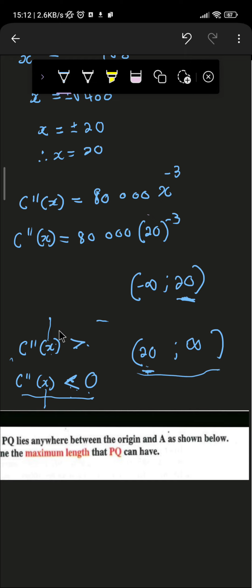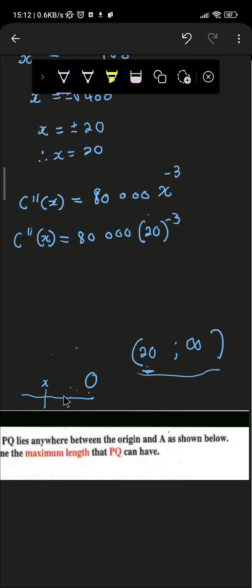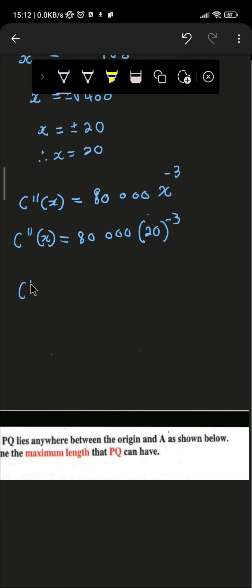Okay, I hope you understood that. So you're going to derive twice, and then you substitute your value there, and then you see that your value is greater than 0. Then the minimum cost is at x is equal to 20.